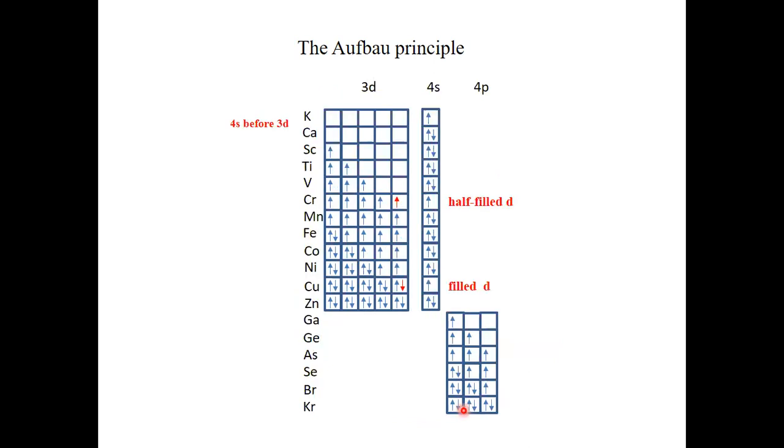Okay, then if we go further, we go from argon to potassium, and for potassium, we would now have basically the choice: do we fill the 3d subshell or the 4s subshell?